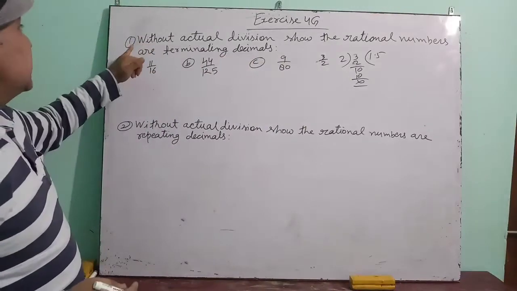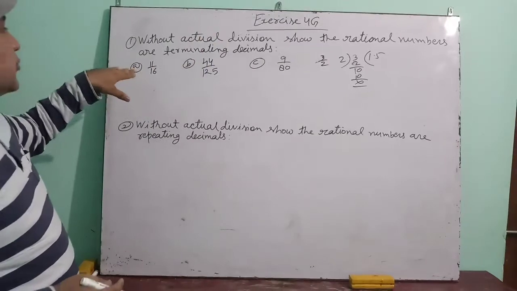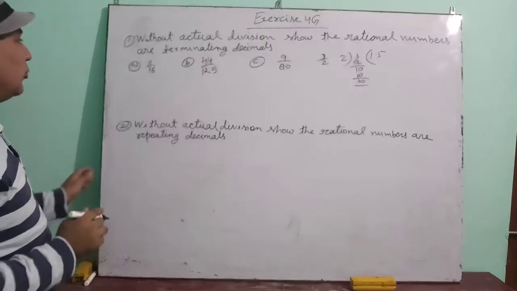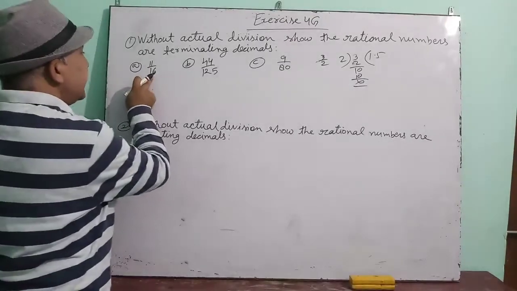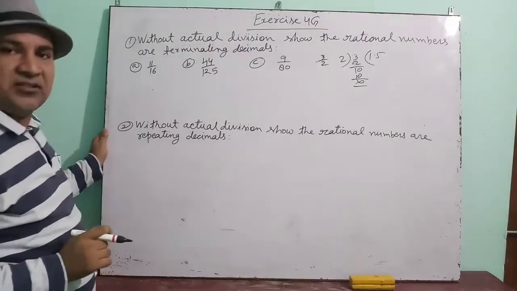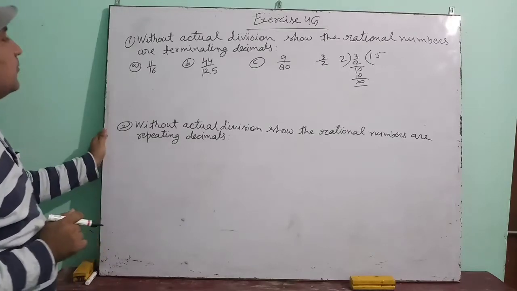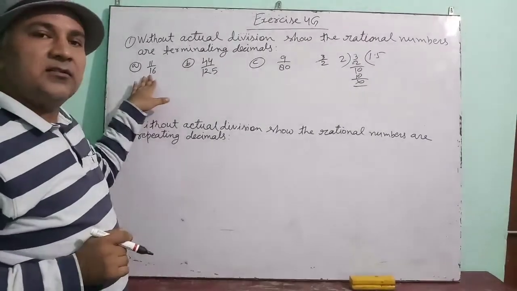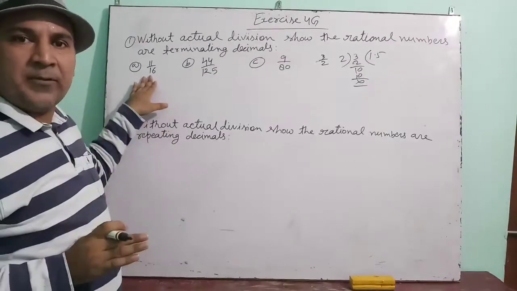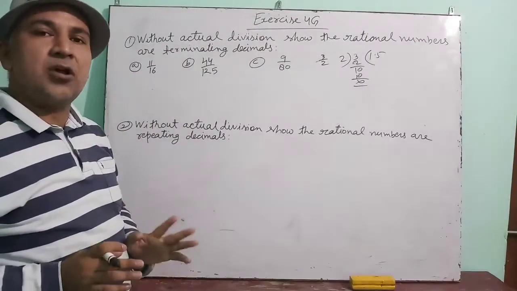But the question is without actual division. Without actual division, you have to show that these are terminating decimals. So you have to learn the rule. The rule says that if the denominators are converted into prime factors, and if the prime factors are 2 or 5 or 2 and 5 both, then the fraction will be a terminating decimal, otherwise not.